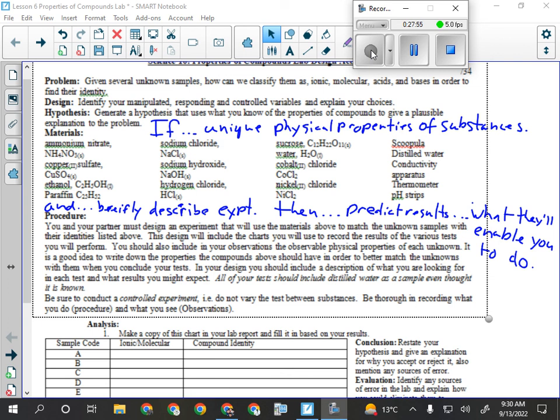I would say the ideal amount of each unknown is enough to cover the bottom. The amount that I've got in that depression plate right now is enough. It covers the bottom of the depression. That'll be ample. When I'm doing my observable properties test, this is what I do. It's a white crystalline solid.